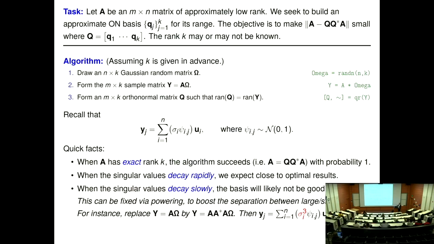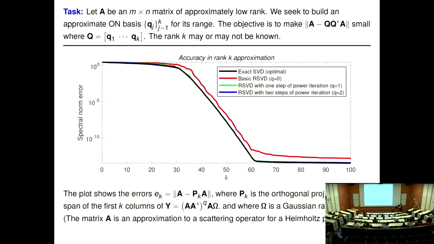What you're doing by taking your power of the matrix, it's not that you're computing this power, it's that you draw the thin random matrix omega, and then you apply A to it to get another thin matrix, you apply A star, you apply A. So it's a succession of matrix vector multiplies, basically, with a small number of vectors. And the effect then is to just take a power of the singular values, which boosts the large ones. You increase the dynamic range between the components you want and the ones you don't want.